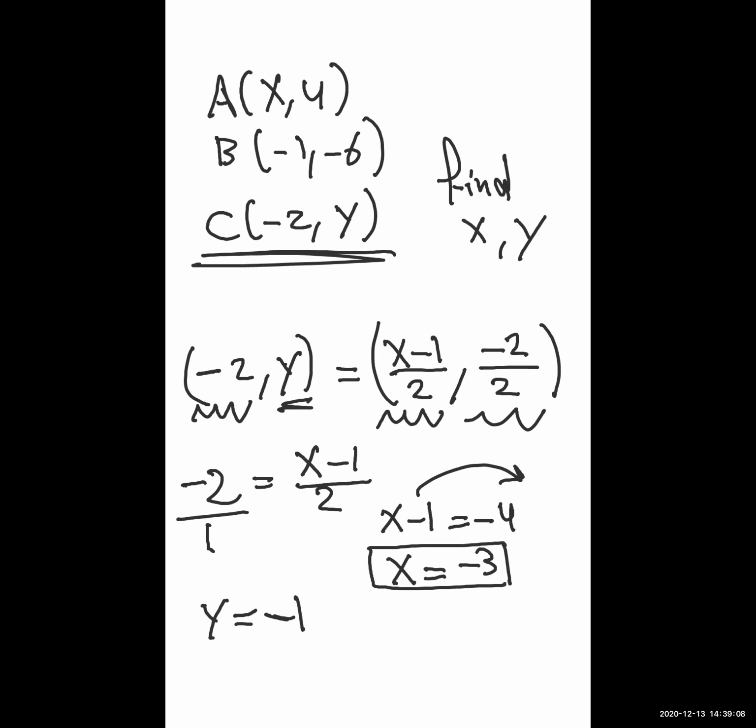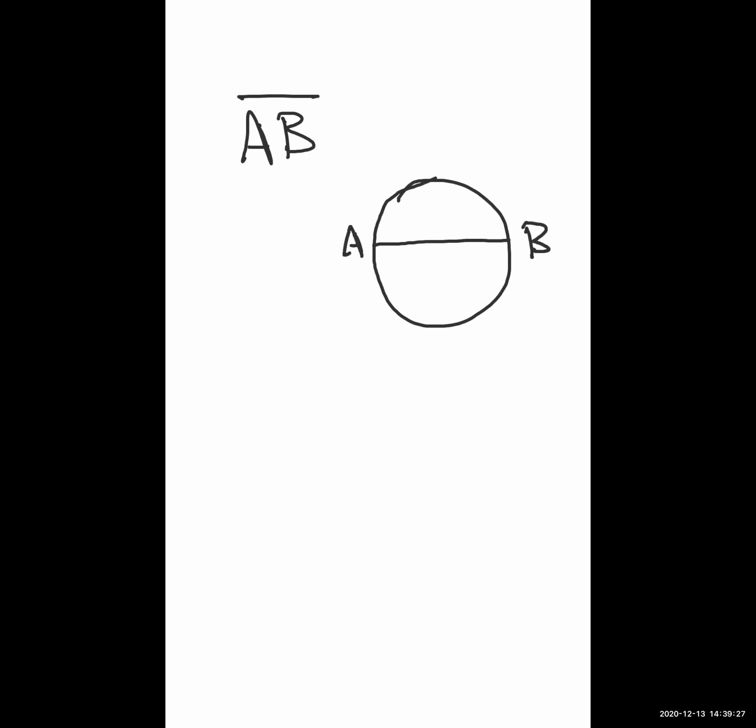Now the next point here. If AB is a diameter in a circle of center M, so this is the center point of the circle.